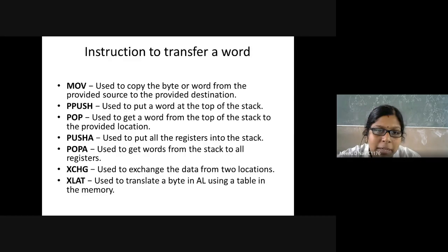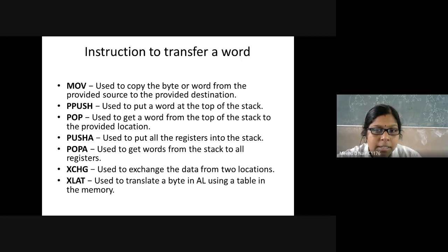You have to remember this command, push as well as pop. Push means you are pushing the data from the accumulator or provided locations to the top of the stack pointer. Pop means you are fetching the data from the top of the stack to the accumulator or whatever it may be.